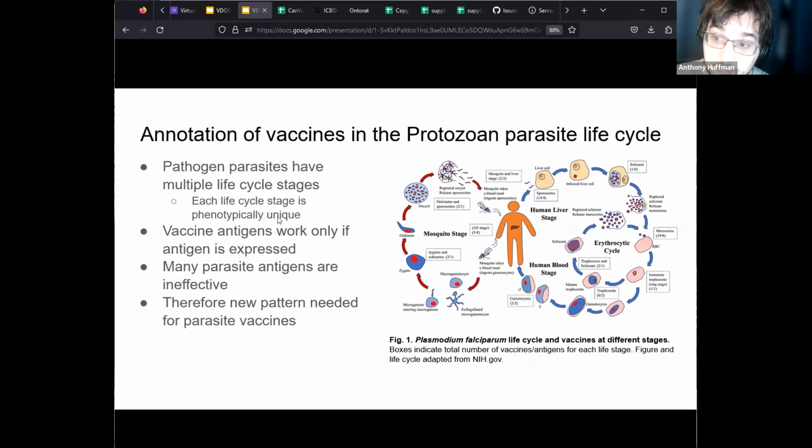Our primary justification for using an antigen is that the host will generate an immune response when it recognizes that antigen, but that will only occur for that life stage, which means that many of these are limited in where you can apply the vaccine and still have it be effective. As such, we needed to establish a new pattern to describe this behavior in the Vaccine Ontology.